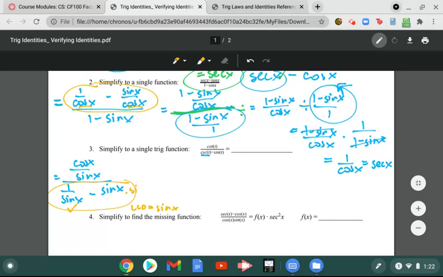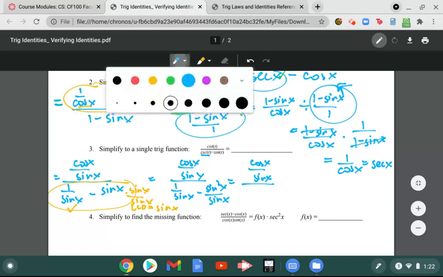So I'm going to multiply this by sine x over sine x. Leaving my numerator for now, cosine x over sine x, all over 1 over sine x minus sine squared x over sine x.